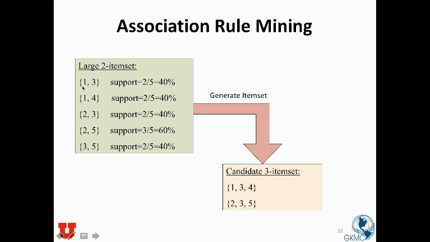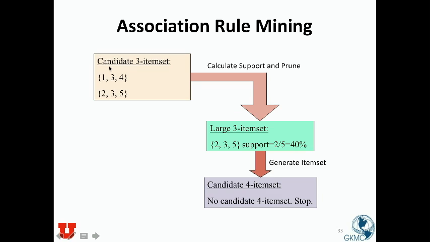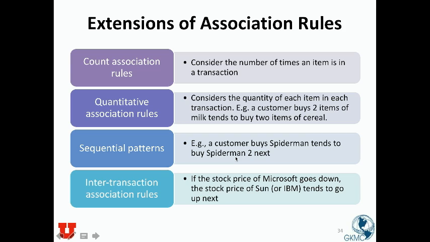So the minimum number of items on the left-hand side or right-hand side of a rule will be 1. You can only use large 2-item sets and large 3-item sets to create association rules, such as given purchase of 2 also implies purchase of 3 and 5, or given purchase of 2 and 3 implies purchase of 5, or given the purchase of 3 and 5 implies purchase of 2. So you can do it in any order of the combination.